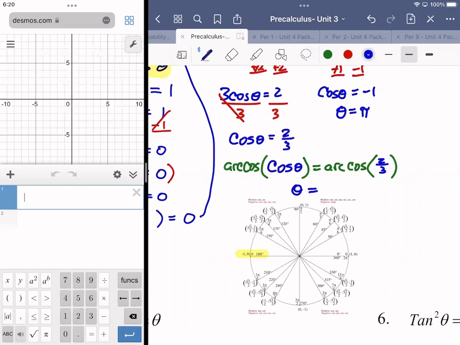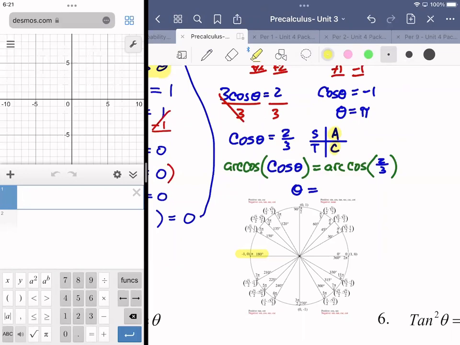Based off of our knowledge of ASTC, we can infer that we're looking for two solutions, because cosine is positive in two quadrants, the first quadrant and the fourth quadrant.